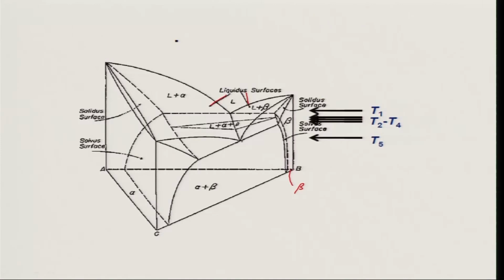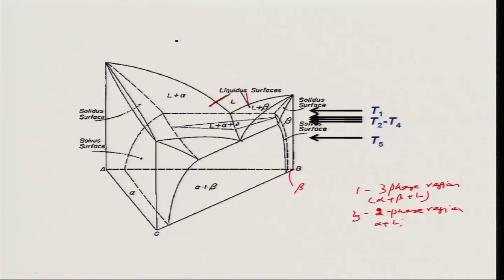You have one 3 phase region which is alpha plus beta plus liquid, and you have three 2 phase regions. What are they?